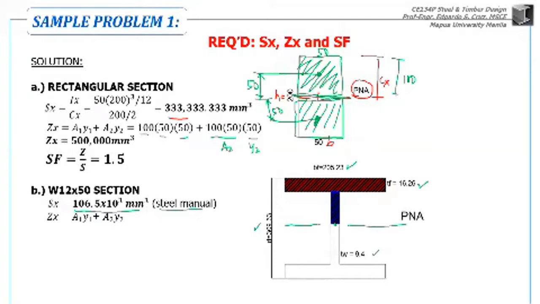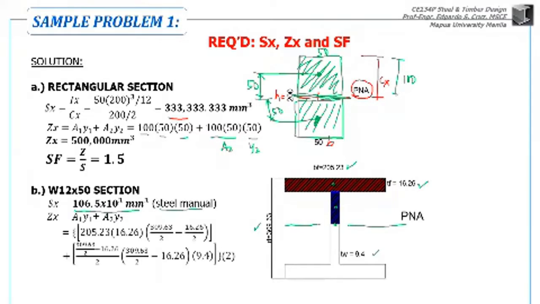Ano yung A1, Y1? Area above the PNA. And that consists of the upper flange at saka yung part ng web. Yung upper flange, sinade ko ng kulay pula, tapos yung kulay blue na web. Yun yung A1 natin. So, pinaghiwalay ko sila ng dalawang rectangle, 'di ba?